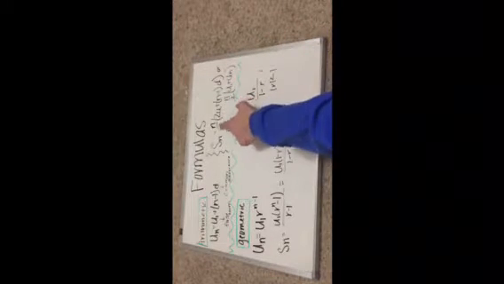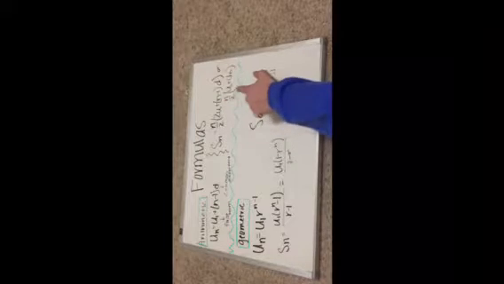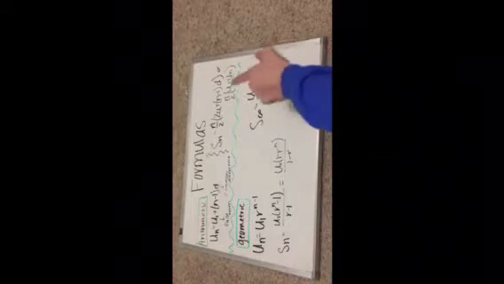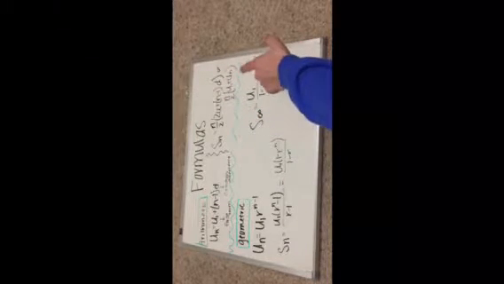So you can either use the first formula, n over 2 times 2 u sub 1 plus n minus 1 d, or you can use the shorter version to figure out the sum of a sequence.